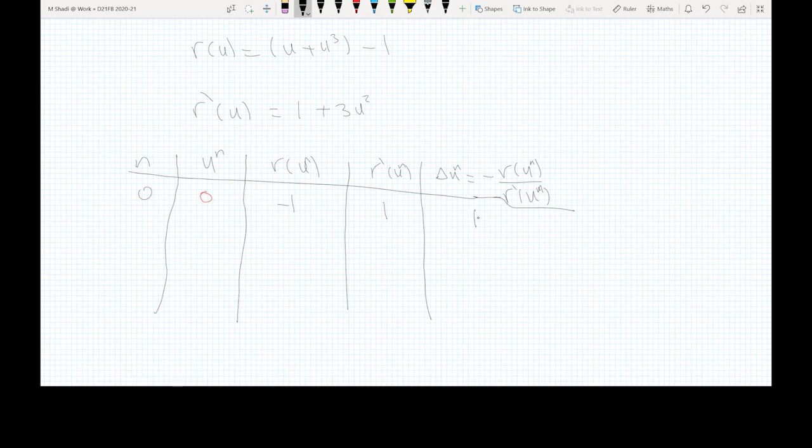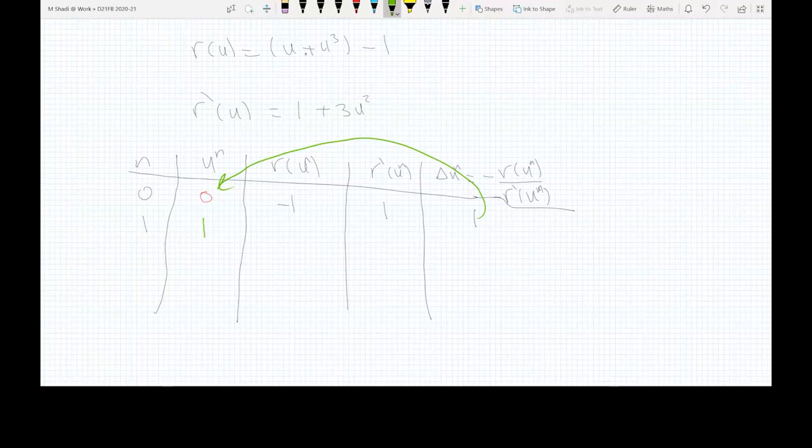Now I will take this number and add it to my initial guess and get my second round. So at the second round, 0 added to 1 is equal to 1. And then I will use this 1, put it back in here, and solve for the next iteration.